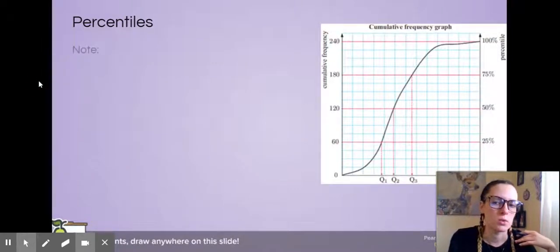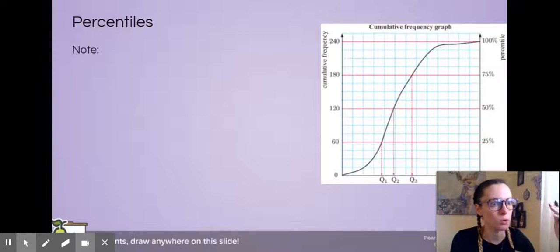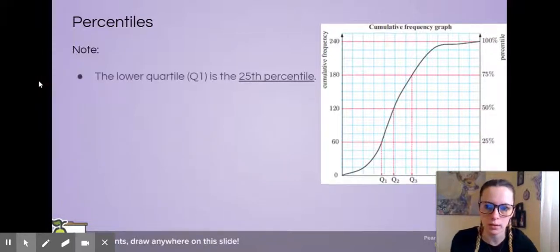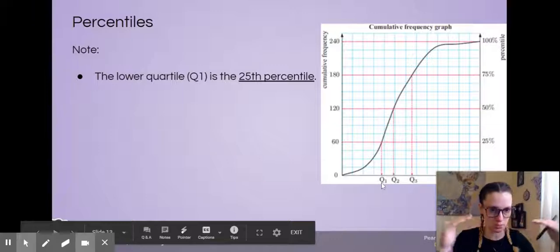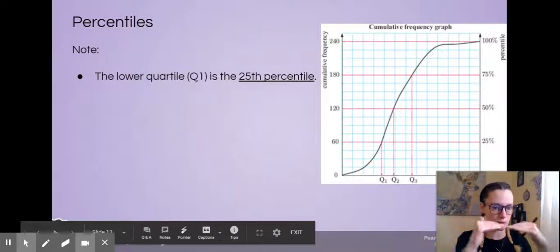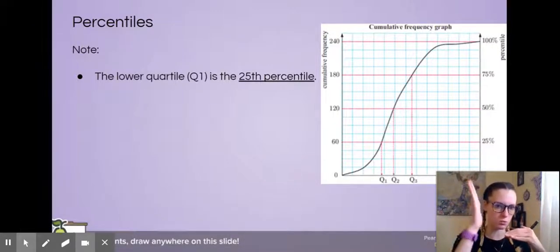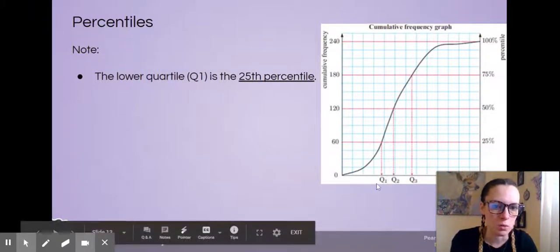When it comes to our lower quartile, median, and upper quartile, our lower quartile, or Q1, is the 25th percentile. So when I look at Q1 down here, because my data information will be on the x-axis, remember, and then my cumulative frequency will be on the y-axis, my lower quartile means that 25% of the data is within this part of the graph.